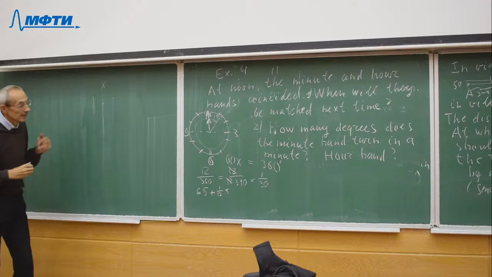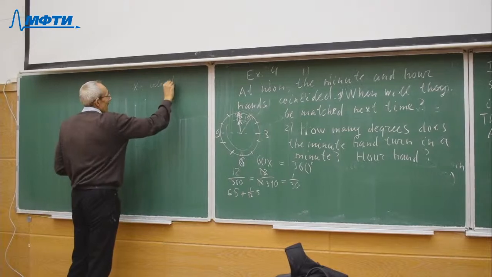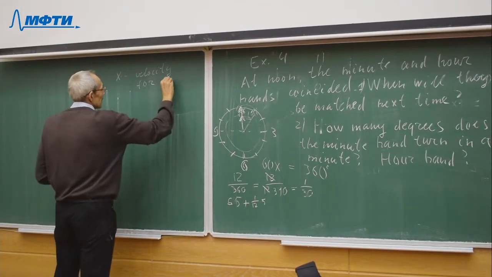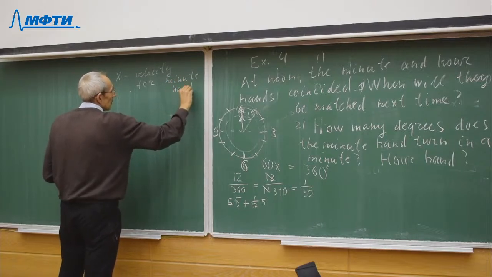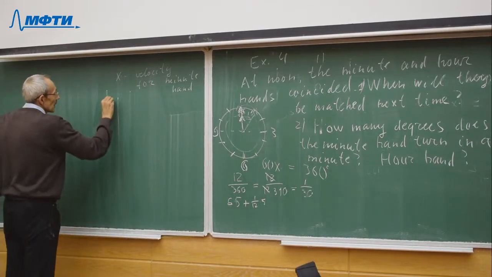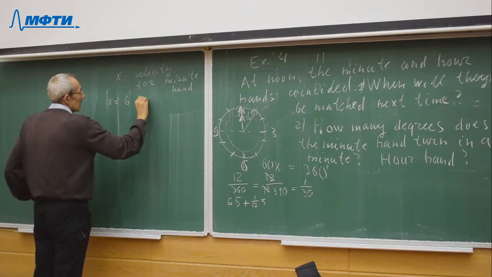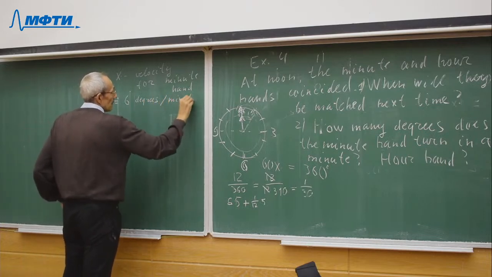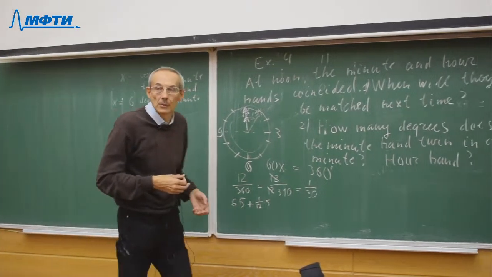Let x be the velocity of the minute hand. x is equal to 6 degrees per minute, the velocity in terms of degrees.